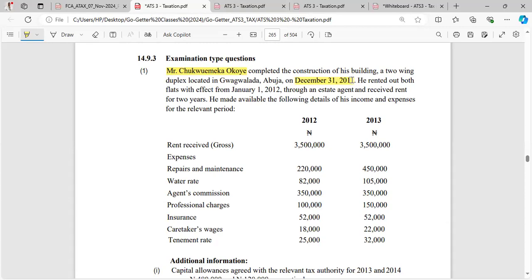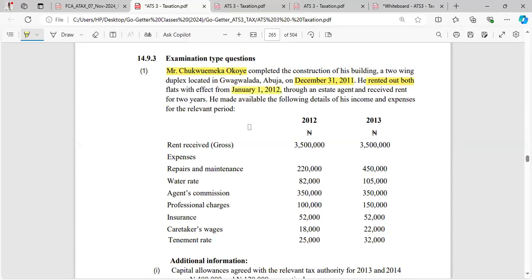December 31st, 2011. He rented out both flats. So rented out both flats, meaning that it is for let. And when he did rent it out, with effect from January 1, 2012.